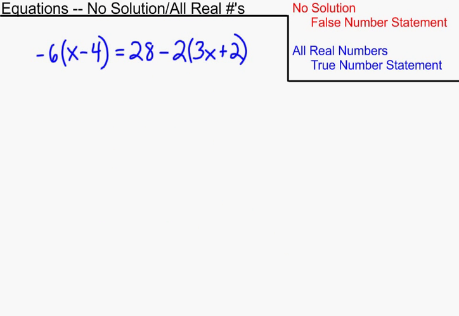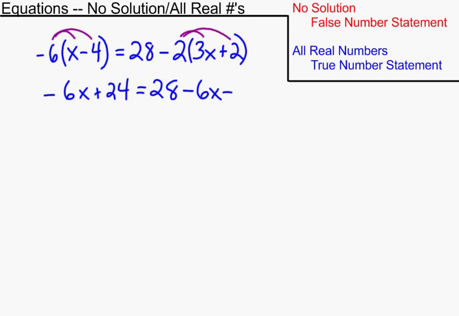If I look at a second example, something like this, again, I begin solving my equation like I would any other one: distribute the negative 6 on the left, and distribute a negative 2 on the right. So that gives me negative 6x plus 24 equals 28, then minus 6x, keep distributing, minus 4.